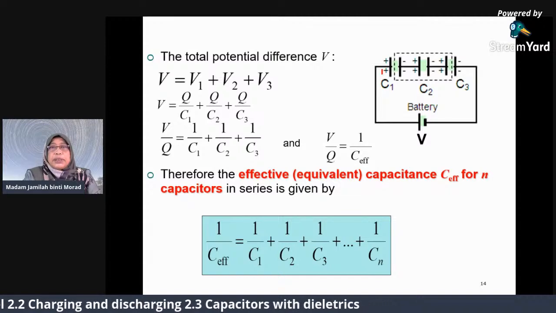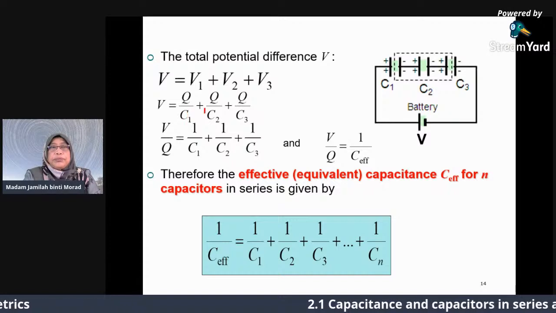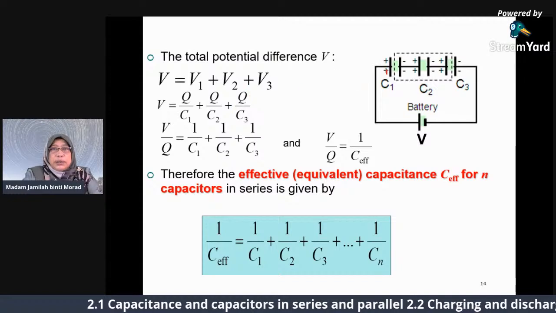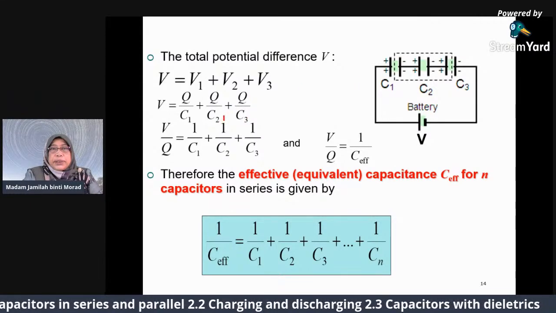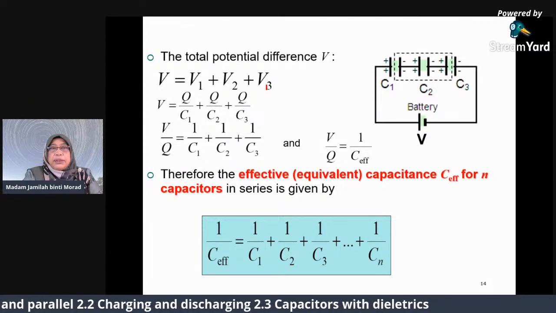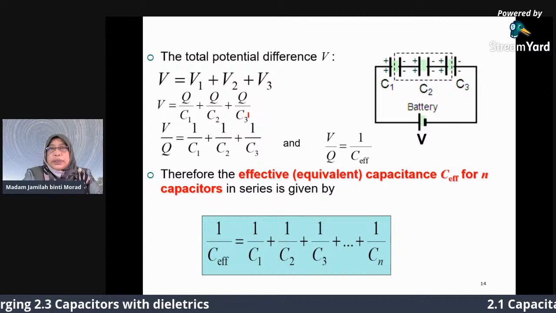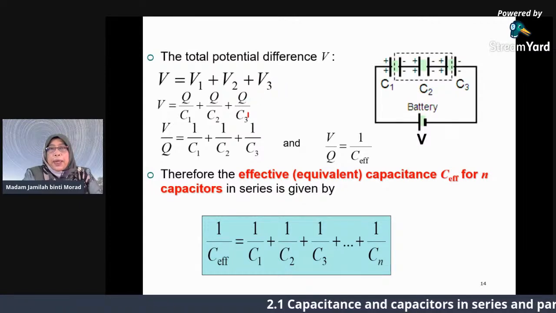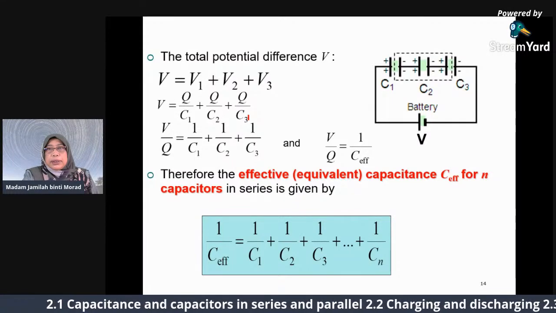So V1 is Q divided by C1, for C2 it is the charge on its plate divided by its capacitance, plus V3. Q equal to CV, so V equals Q over C. Q here we name just Q without the subscript, and C3 refers to the capacitance of capacitor number 3.